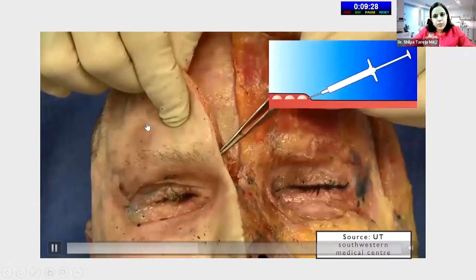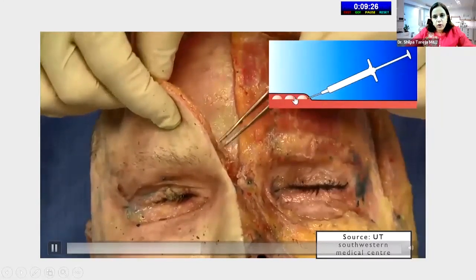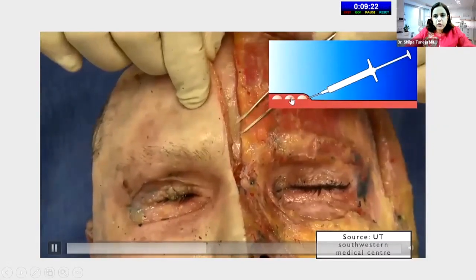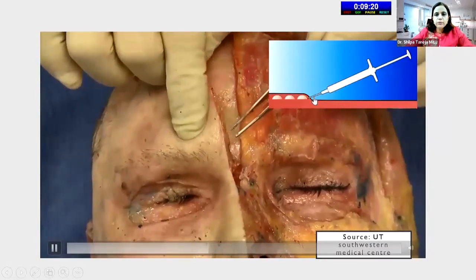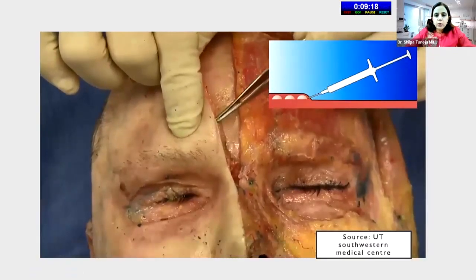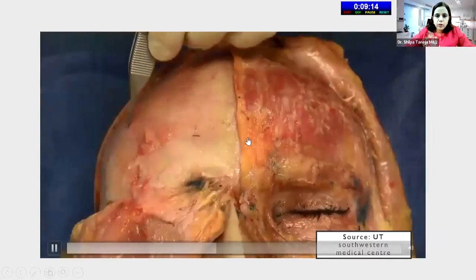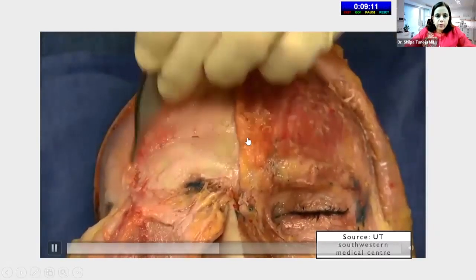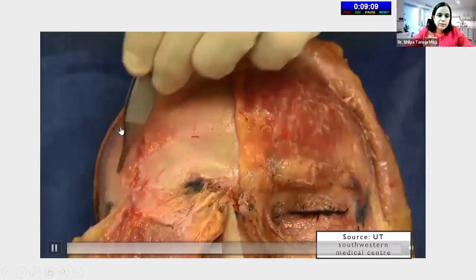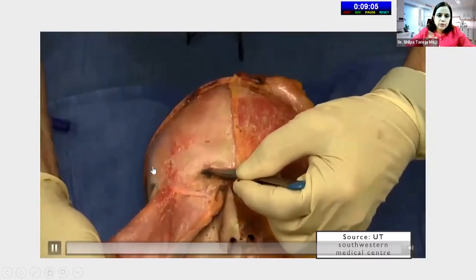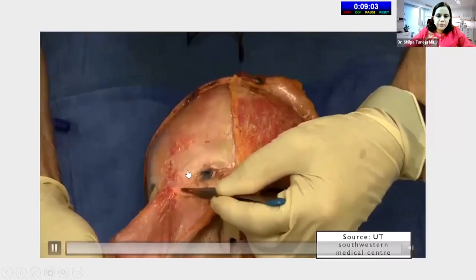Whenever we want to inject the neuromuscular injections or fillers, especially in cases of fillers, the injections should be multiple small boluses with less pressure in a to and fro motion so that there is no risk of large boluses and retrograde flow into the vessels. This is the fusion zone where the frontalis muscle fuses with the temporoparietal fascia.